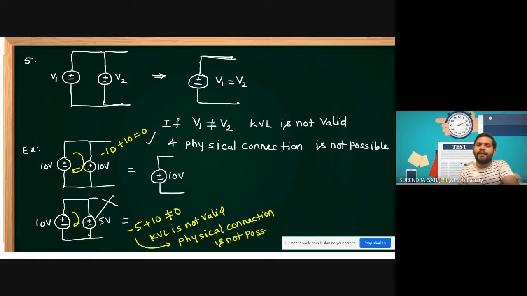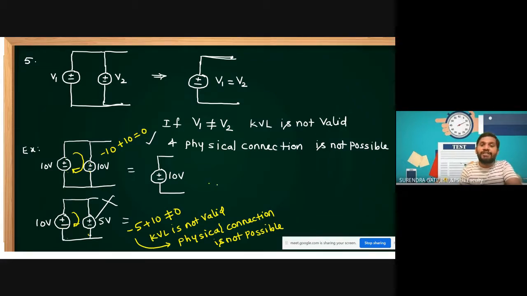Understood? That's why in a parallel connection, if two sources are connected in parallel, that source voltages must be equal. But here I am talking about the DC voltages. Sir, what about AC voltage? Even AC voltage is the same case.